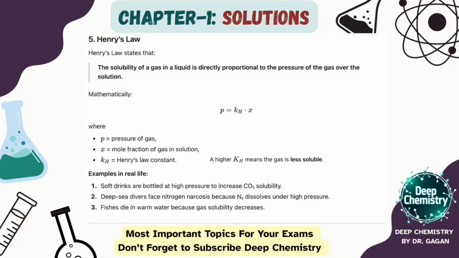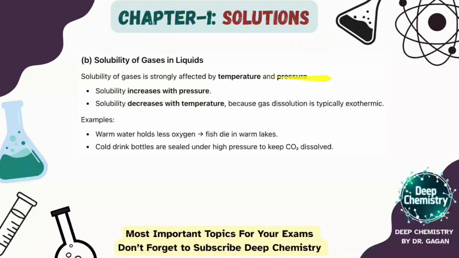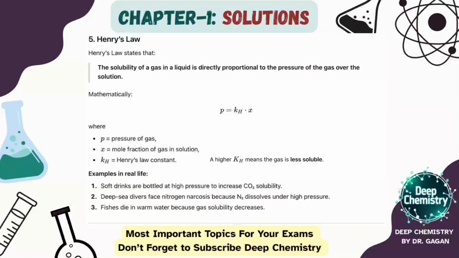Henry's law states that the solubility of a gas in a liquid is directly proportional to the pressure of the gas over the solution. P equals K_H x. A higher K_H means the gas is less soluble. K_H is Henry's law constant. Examples in real life include soft drinks being bottled at high pressure to increase carbon dioxide solubility.